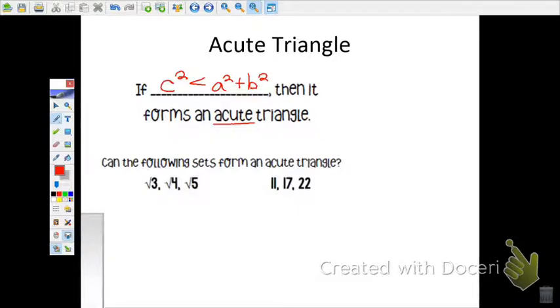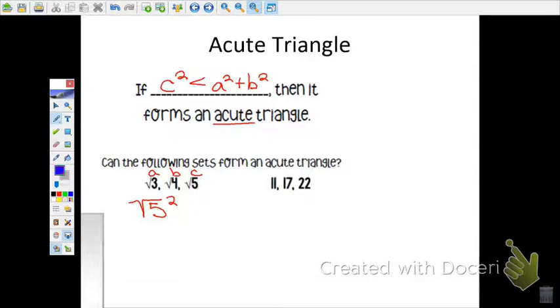So it says, can the following sets form an acute triangle? Need to look, again, your c always has to be the largest number. I'm just going to put those in order. So c squared, c is square root of 5. I need to square it. I don't know if it's going to be less than or equal or greater than.